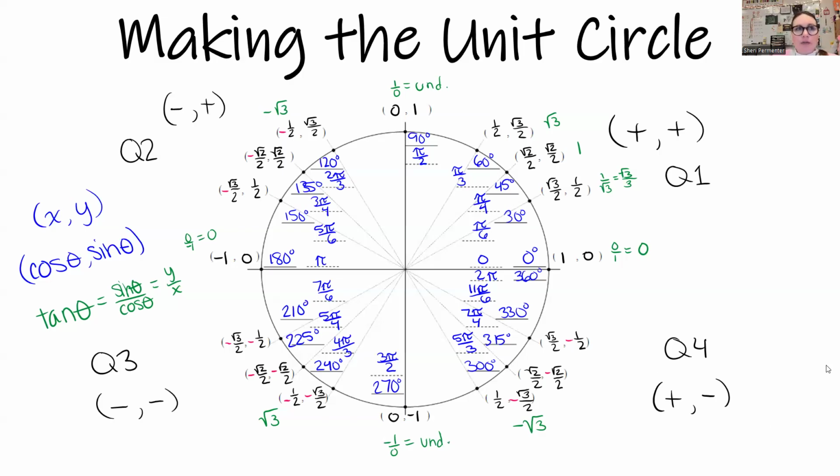For my 45-degree reference angles, I have 1 everywhere. This one is a -1. This one is a +1. This one is a -1. And then the other one is square root 3 over 3. So this one's negative square root 3 over 3, positive square root 3 over 3, and negative square root 3 over 3.